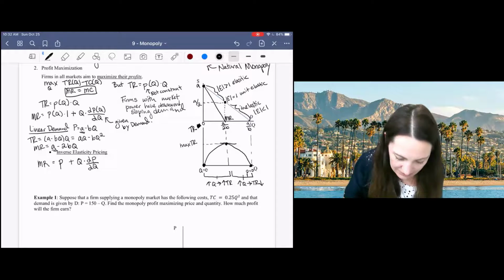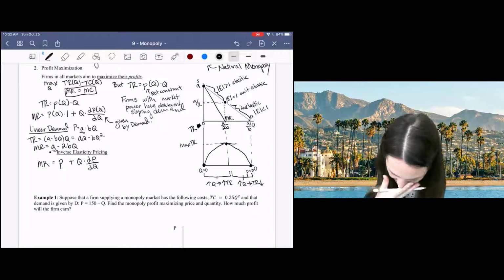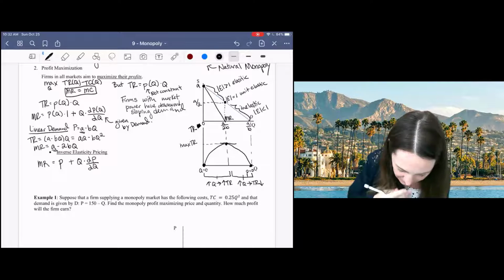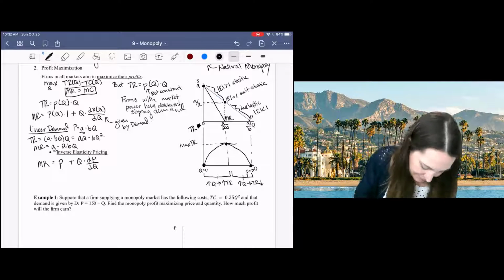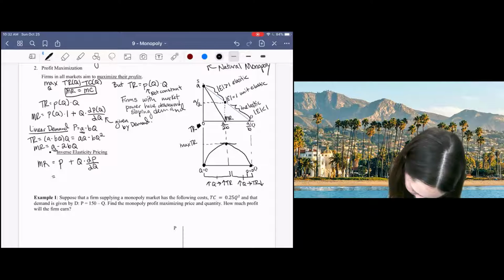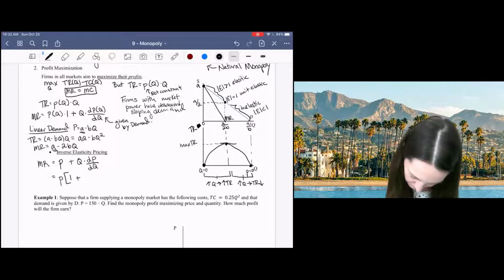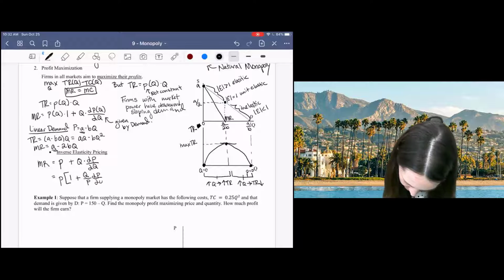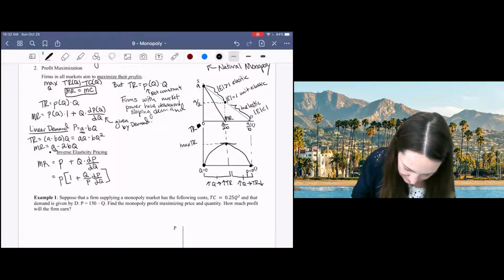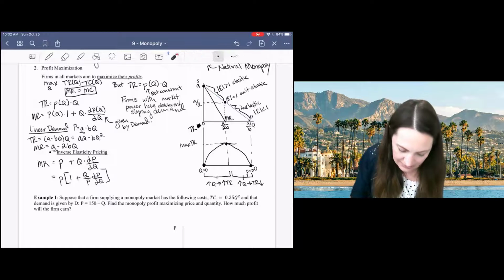And we've almost got elasticity here, and we can see how it's a function of elasticity if we try to pull a P out. So I'm going to write P times 1 plus, and to pull a P out of here, there's no P, so I have to divide by P. So I get this, and this is something very similar to elasticity, but upside down.